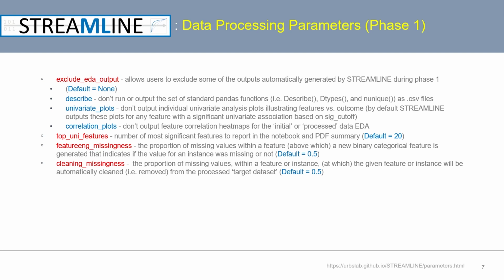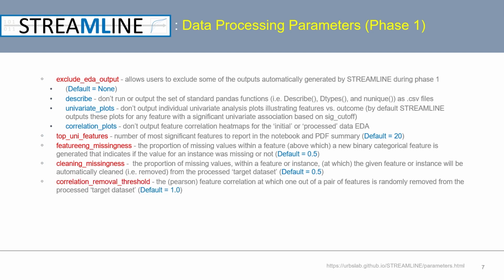Its default value is also 0.5. Correlation removal threshold defines the Pearson feature correlation at which one out of a pair of features is randomly removed from the processed target dataset. The default here is 1, defining perfect positive or negative correlation between features.